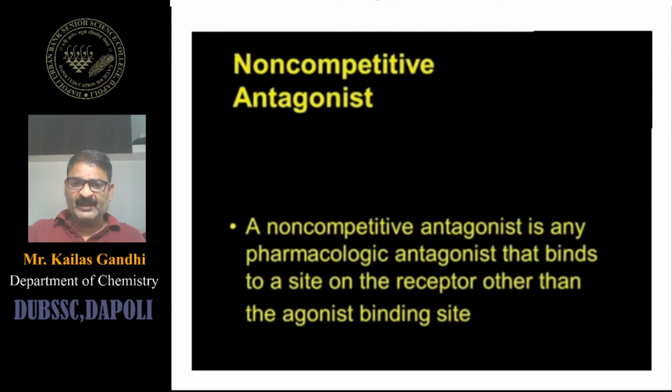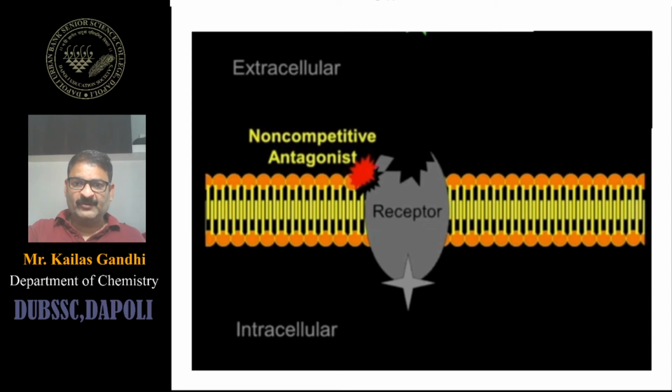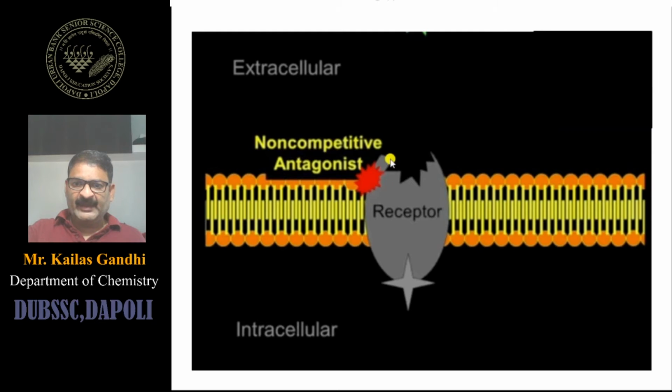What actually happens after the attachment of the non-competitive antagonist? The antagonist attaches to a different site, and the site which is available for the agonist is as it is. So the agonist is coming from the vicinity and it will get attached to the receptor site.